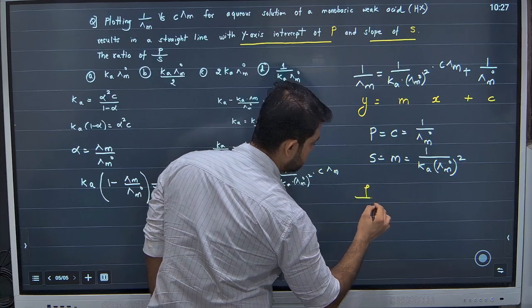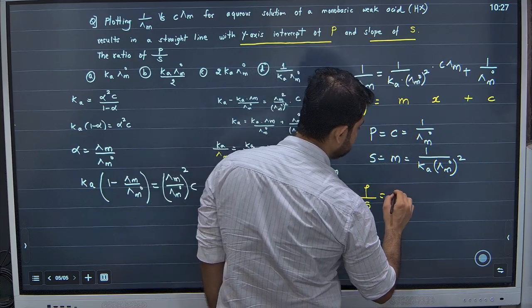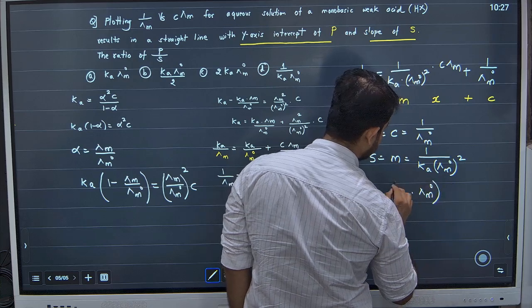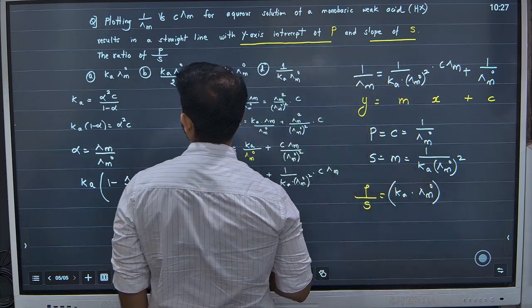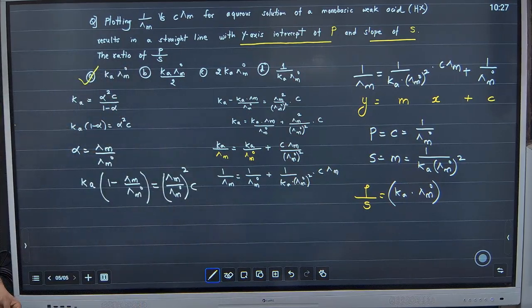P by S. If we take this ratio, what will we get? Ka into lambda m naught. Which option is that? That is the answer.